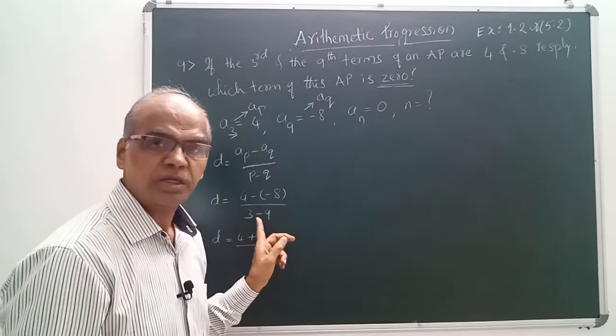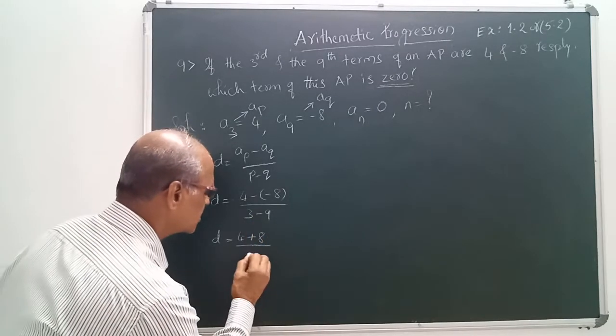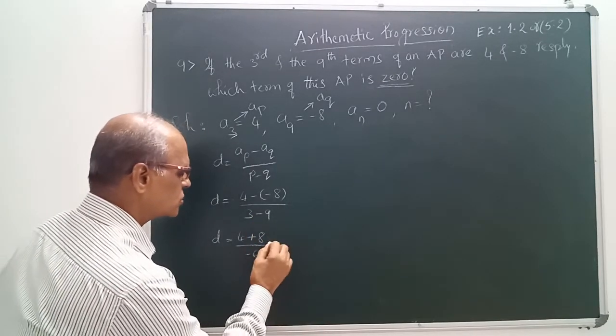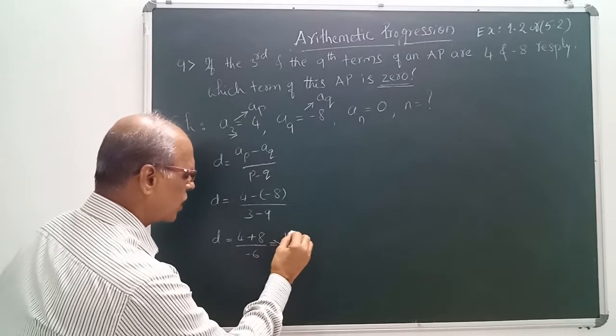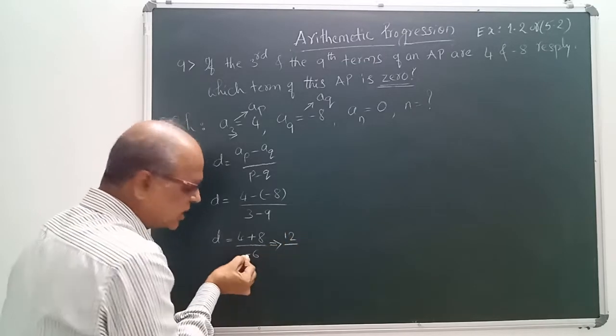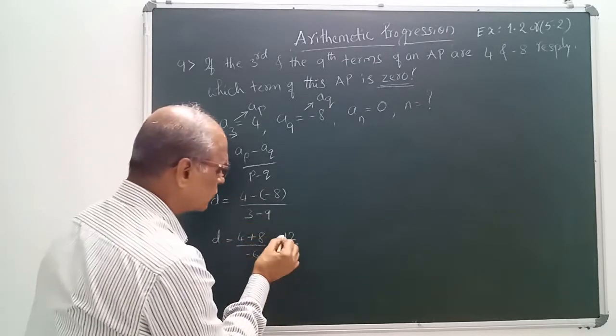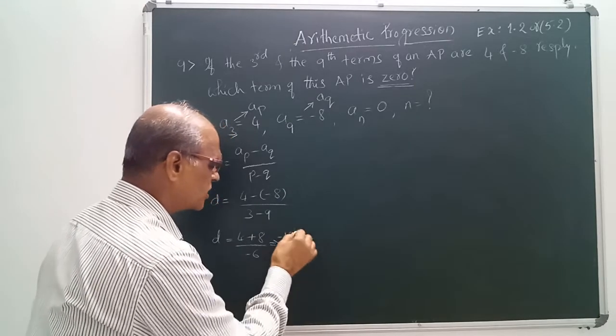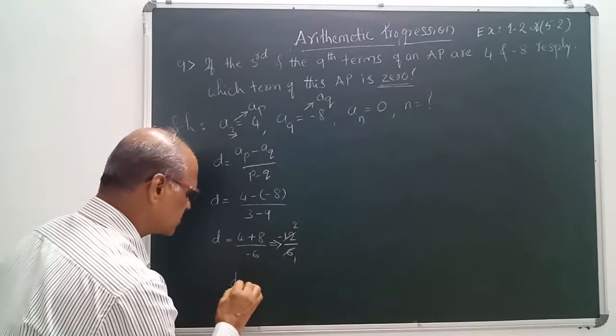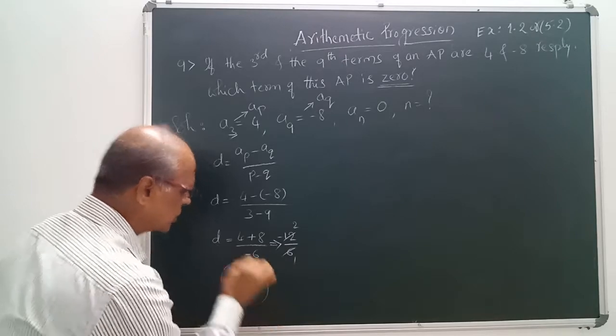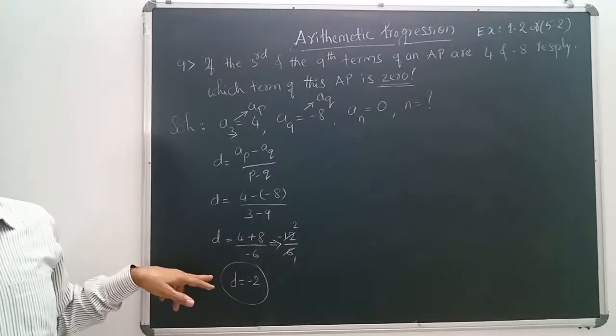And here the greater number has the minus sign, so this is minus 6. Which is equal to 12 divided by, I will send this minus to the numerator, minus 12 by 6. 6 ones are 6, 6 twos are 12. That means the d value is minus 2. Within 2 steps you will get the d value.